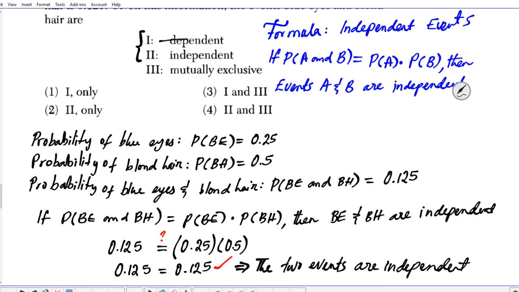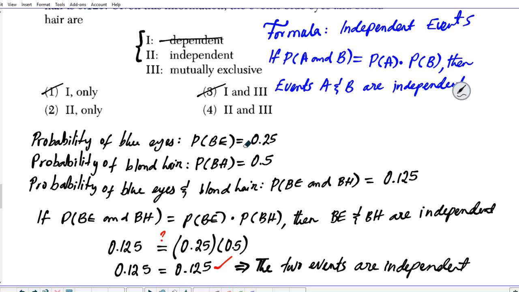Okay, so we can cross off the first one, and option 1 is gone. Option 3 is gone. So now the question is, are these events independent only, or are they independent and mutually exclusive, which would be option 4. So let's focus our attention on mutual exclusivity.